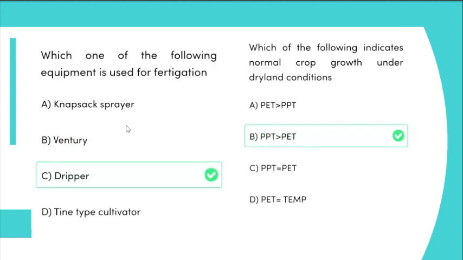That is option number B. Next question, which one of the following equipment is used for fertigation? Here option number C is correct, that is dripper. Next question, which of the following indicates normal crop growth under dryland condition? So option number B is correct, that is PPT is greater than PET.